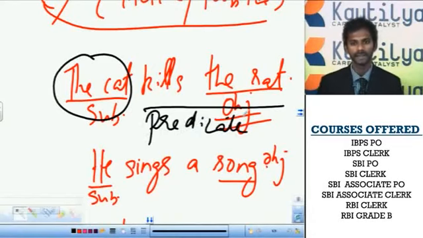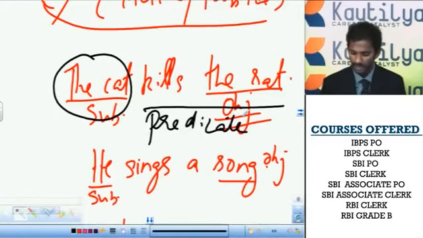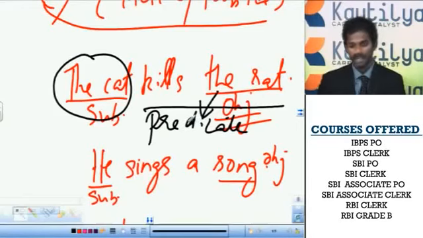Now, the rat is the object in this sentence. Actually, object is not necessary, may be there, may not be there. If there is an object in a sentence, the object also comes in the predicate. So, the cat is the subject and kills the rat is the predicate. Fine? Right.